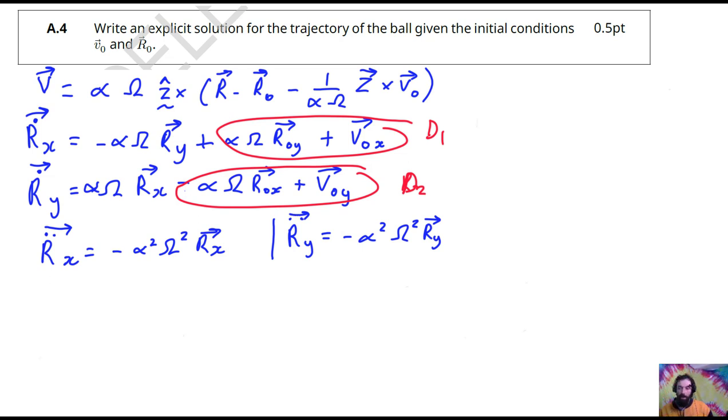Now you might be familiar with, when you are in this scenario, just taking a constant multiplied by sine theta plus a constant multiplied by cos theta. If you do that in this scenario, it so happens that things are going to be a lot more difficult for you than if you pick a different form. So we can pick the form that Rx is going to be equal to some constant.